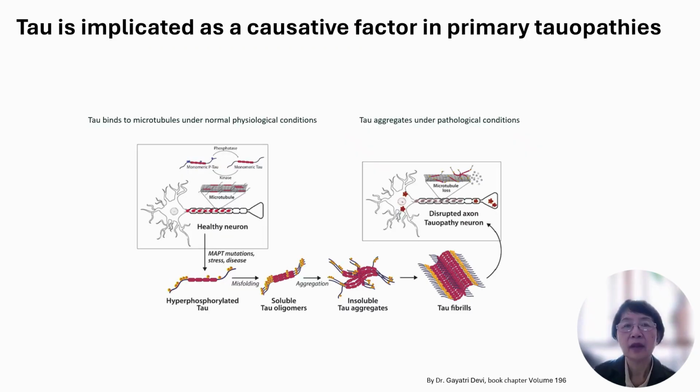In healthy neurons, tau is mainly found in axons, where it plays a key role in stabilizing microtubules. In diseased states, tau becomes hyperphosphorylated, misfolds into soluble oligomers, aggregates into insoluble fibrils, and forms neurofibrillary tangles. This process leads to microtubule disassembly in axons and finally results in synapse loss.